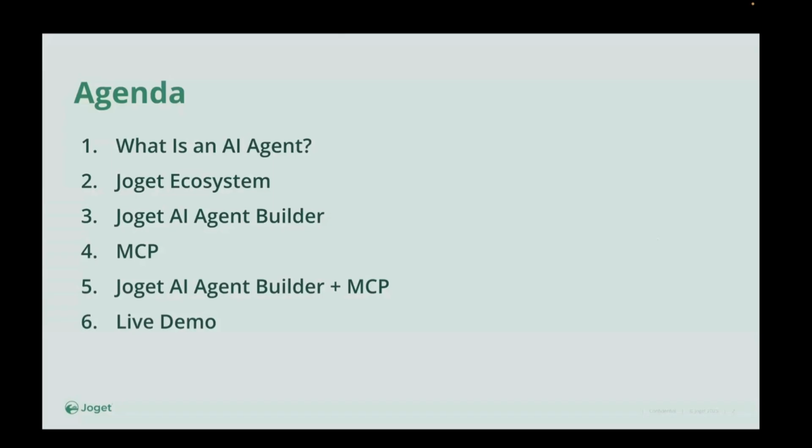Then we will go into a live demo, and Damien will be walking us through, from ideation to creation. We will show you how you can create an AI agent for yourself.